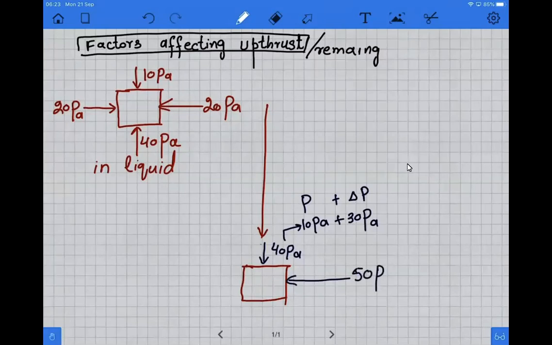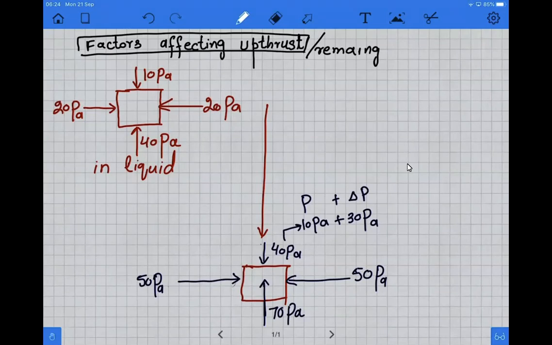This would become 50 Pascal, this would become 50 Pascal, and from the bottom it would be 40 plus 30, 70 Pascal.